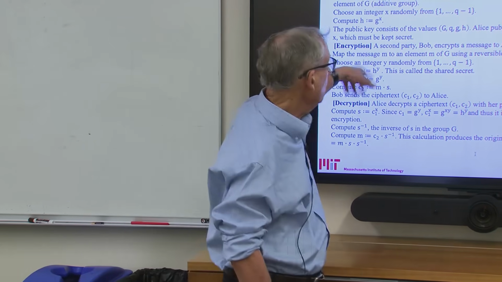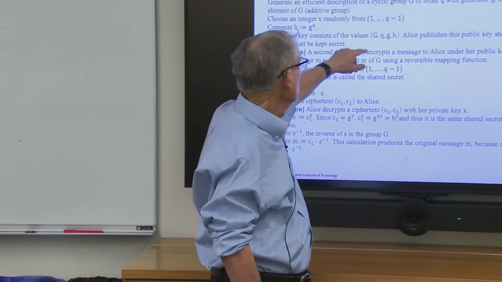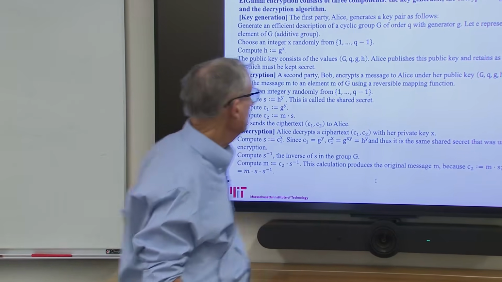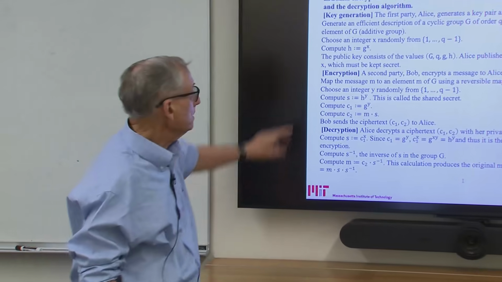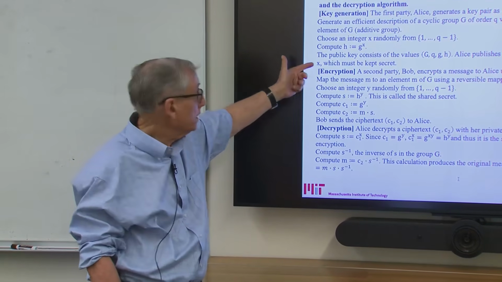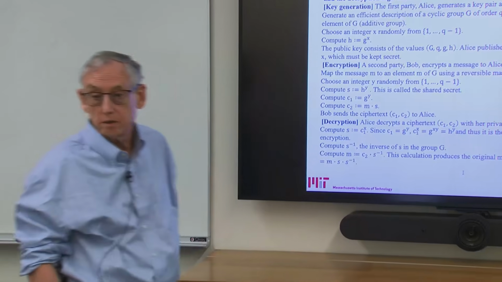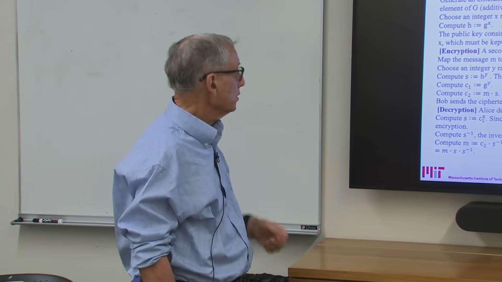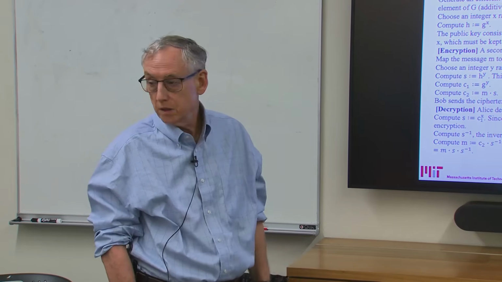And in fact, all of this is published, not just H, but also the group, the order, and the generator. And Alice secures her private key. And for that to work, she's got to keep it secret. Don't hand it to a third party, put it on a server, et cetera, et cetera.